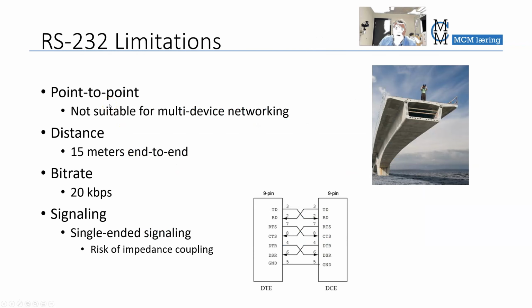However, it's point to point. Since we only have OSI model level 1 properties, we do not have addressing, so therefore it's simply point to point from one sensor to one computer. The distance is short, the bitrate is slow, and the signaling is so-called single-ended signaling, which is that we have one common ground here, and all the signals here are measured with respect to that ground.